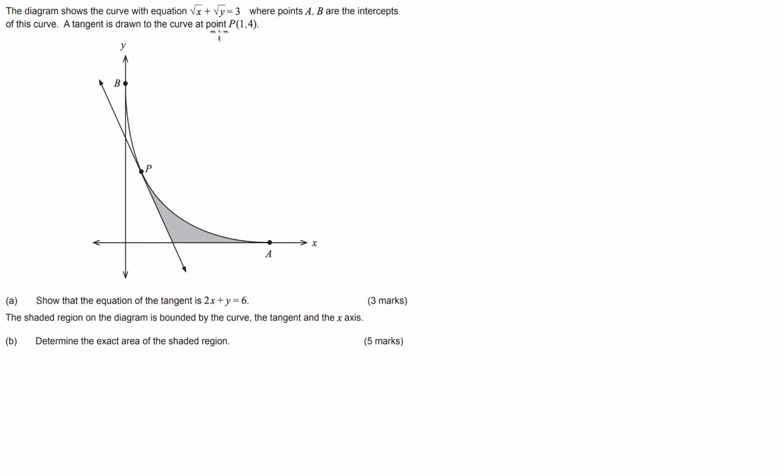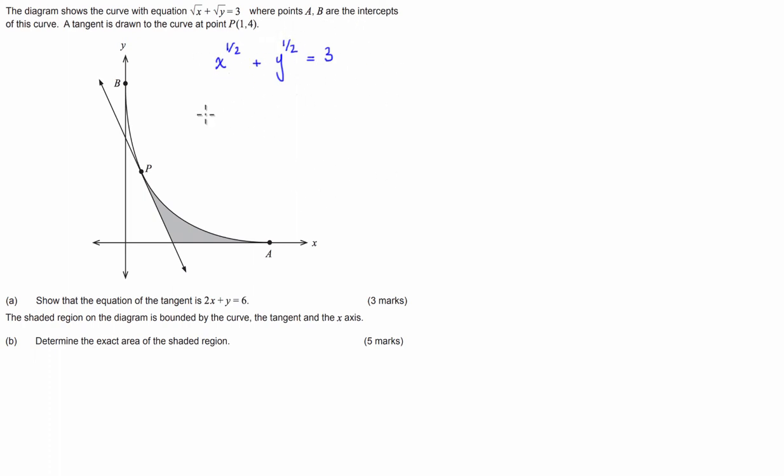The first thing I'm going to do is make this easier to differentiate by turning those square root signs into fractional indices. So I'm going to have x to the power of 1/2 plus y to the power of 1/2 is equal to 3. So what I can do now is implicitly differentiate this, with respect to x.